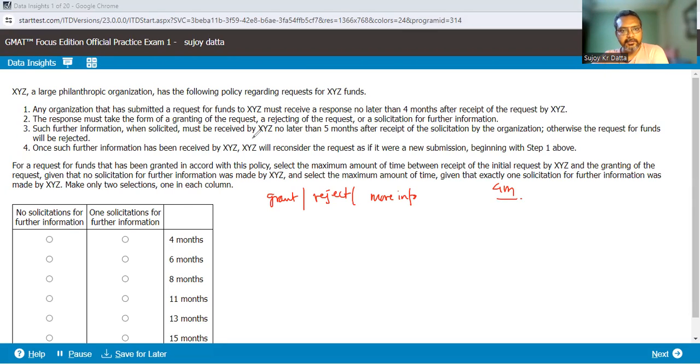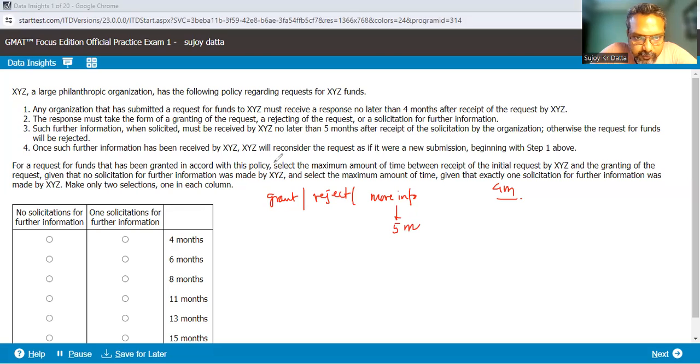Such further information must be received within 5 months. Once such further information is received, it is reconsidered from the beginning as if for a new submission, and then the whole process will start.